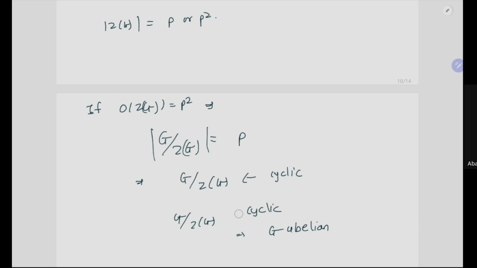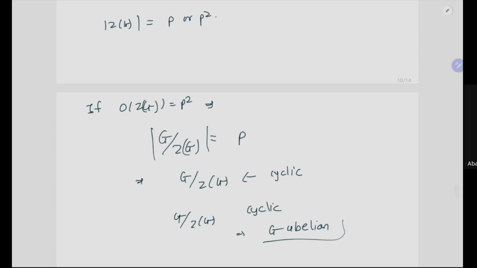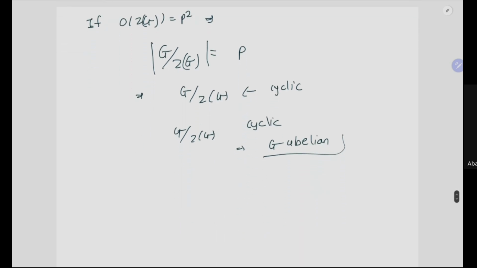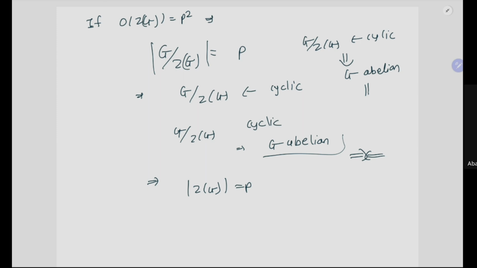This is a result: if G by Z(G) is cyclic, then G is abelian. But in our case G is not abelian, so that's the contradiction. So the only possibility for Z(G) is P. This is a contradiction, as G is not abelian.